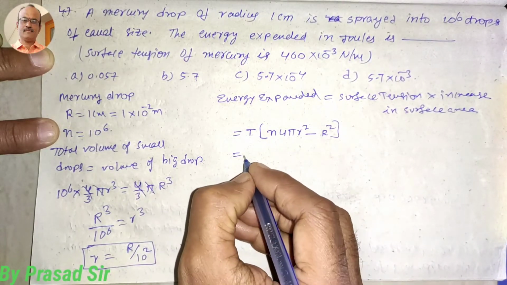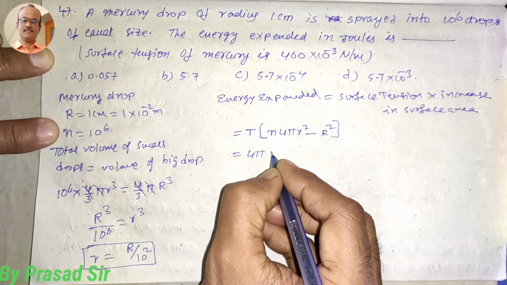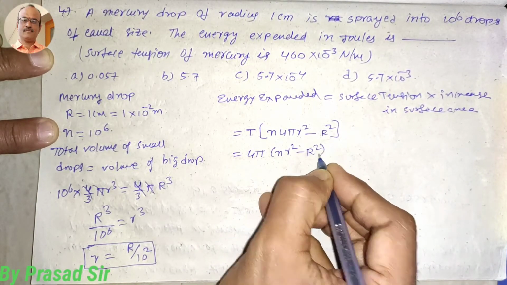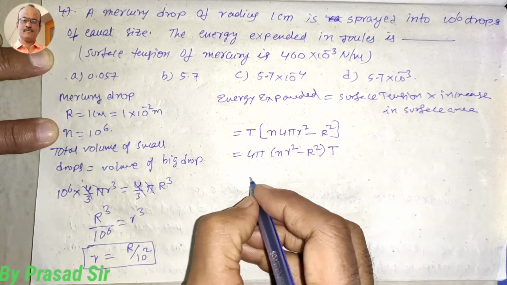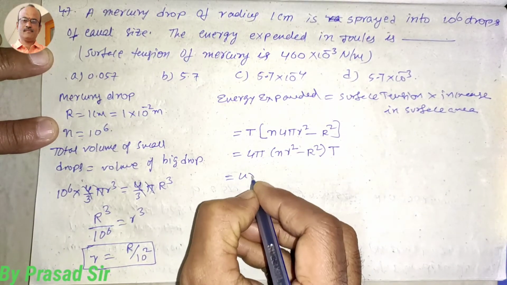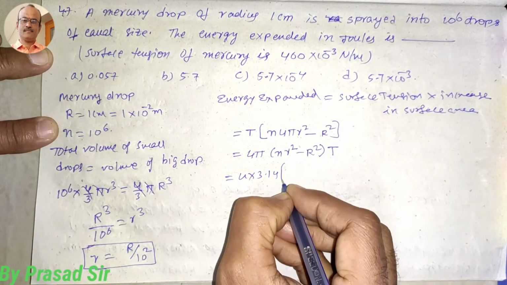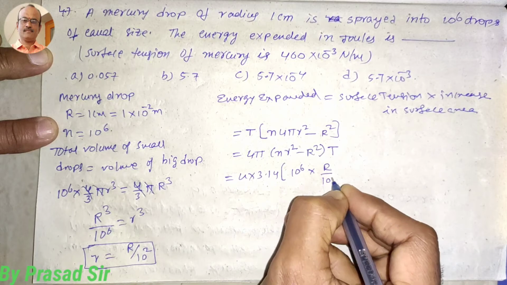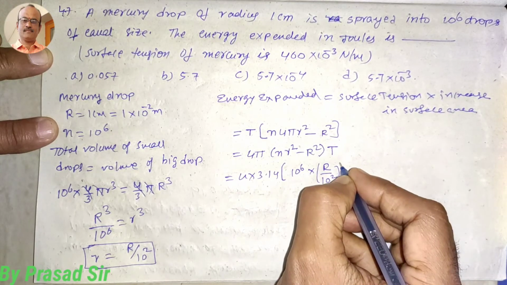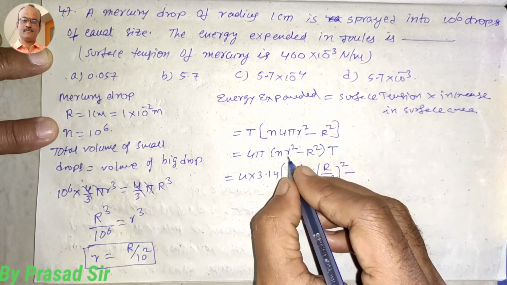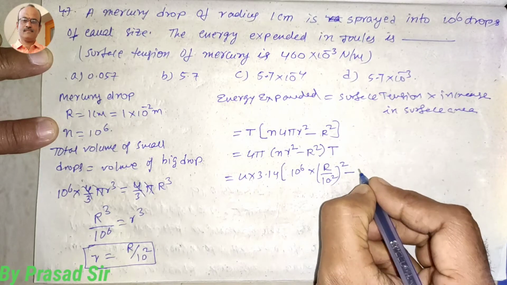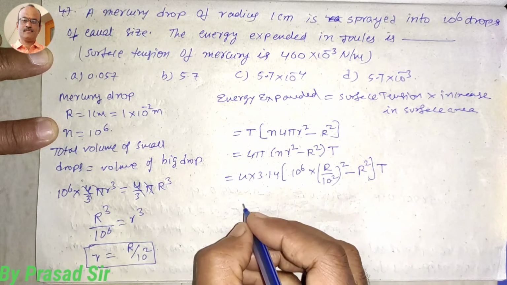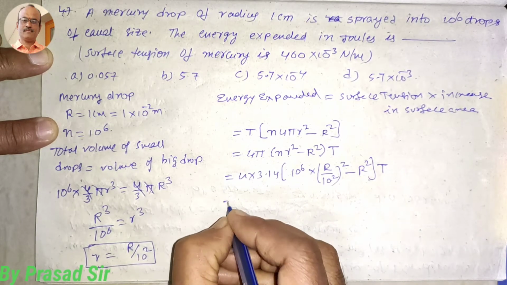So it is 4 pi into N r square minus capital R square, into surface tension. So 4 into 3.14 into N, 10 to the power of 6, into capital R by 10 square whole to the power of 2, that is the small r value, minus capital R square, into surface tension.